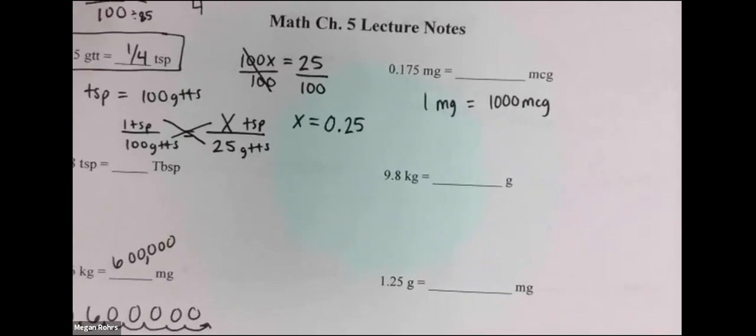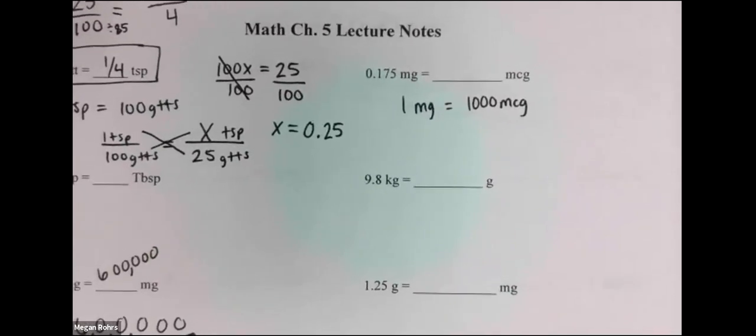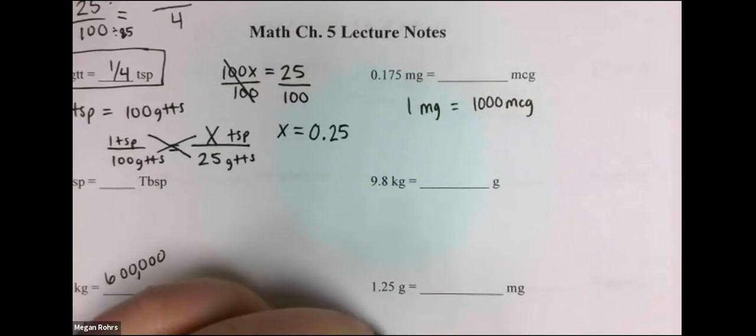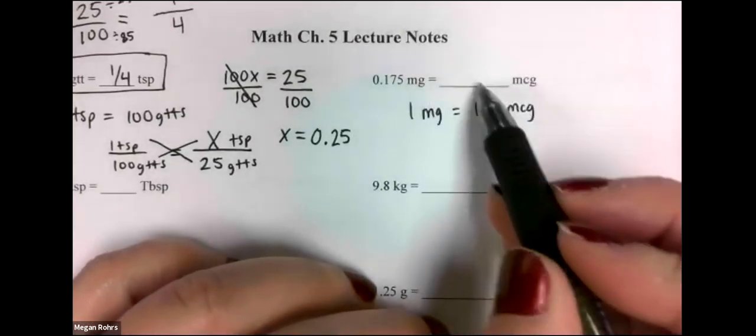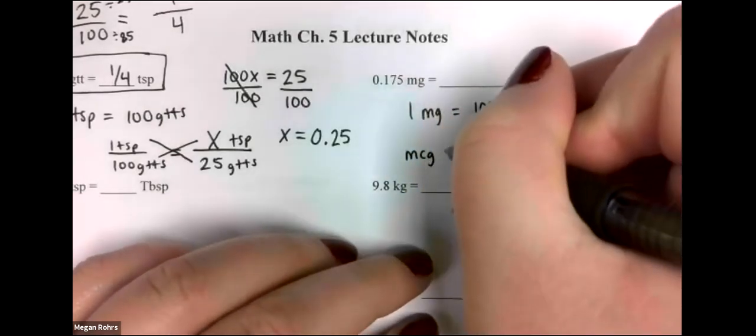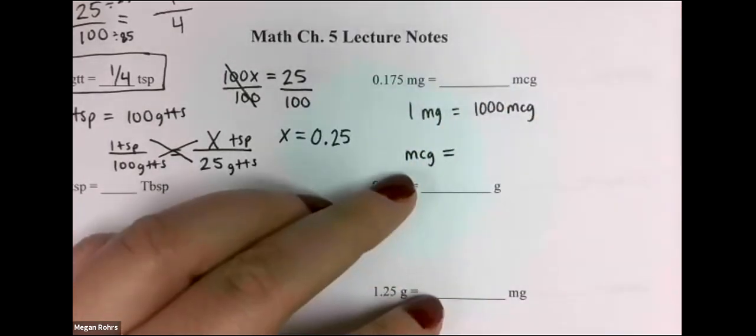So step one, once again, says start with the unit that you're looking for and follow it with an equal sign. In this case, we're looking for micrograms. So we're going to start with microgram and follow it with an equal sign.